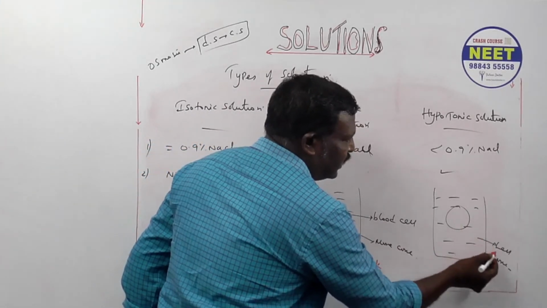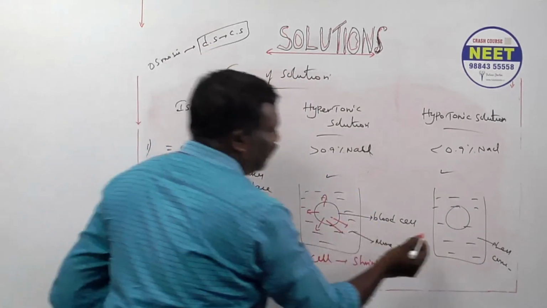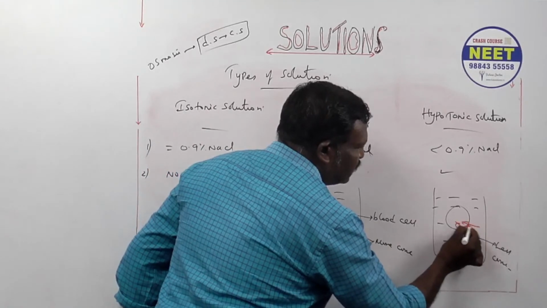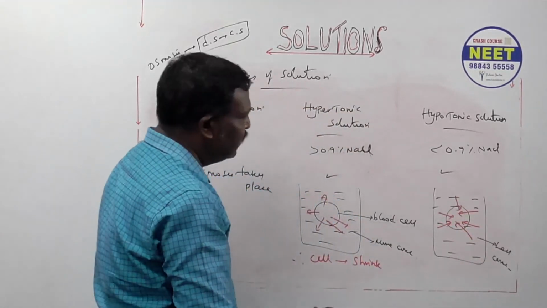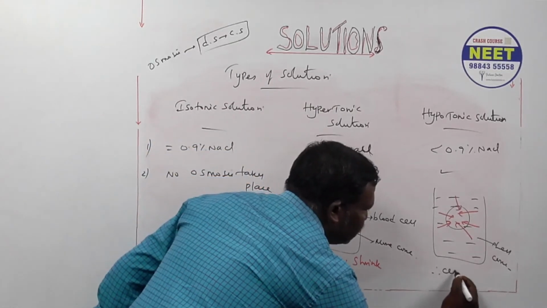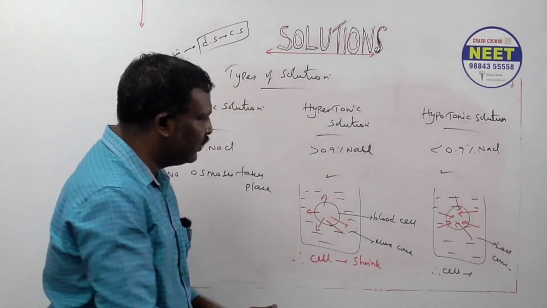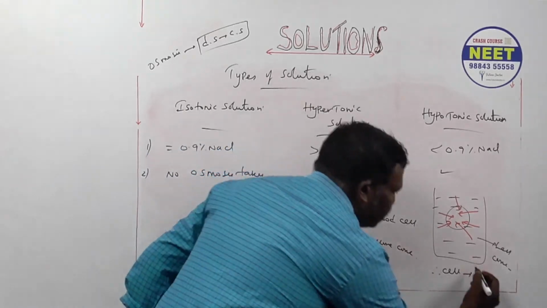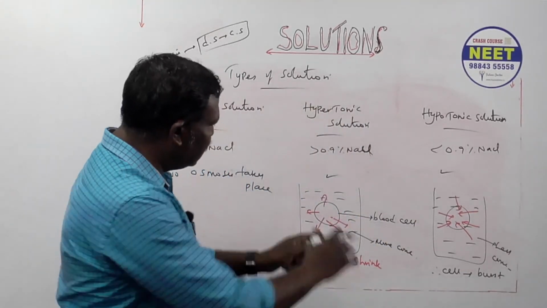The solvent moves from the dilute outside to inside the cell. Therefore the cells become, here it will not shrink. It will be enlarged, no? Sometimes it will burst. It will be enlarged, that's all.